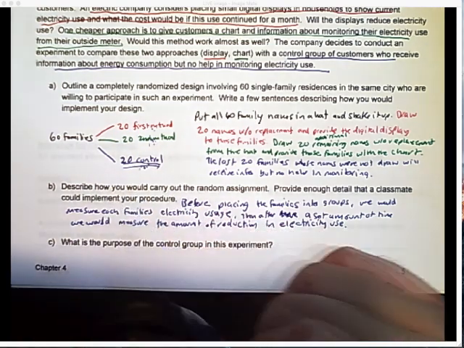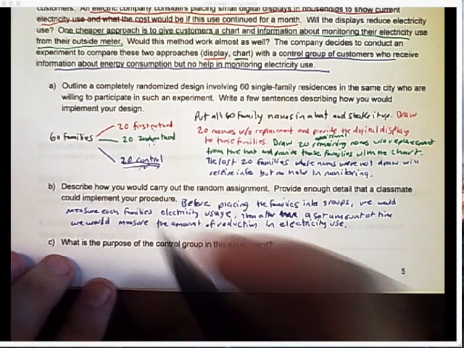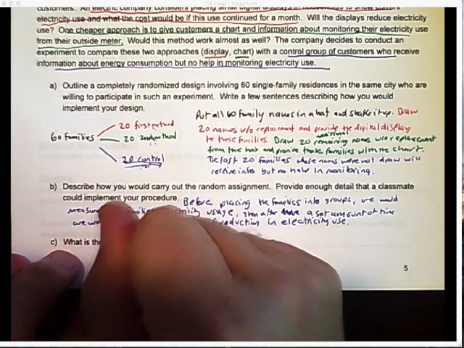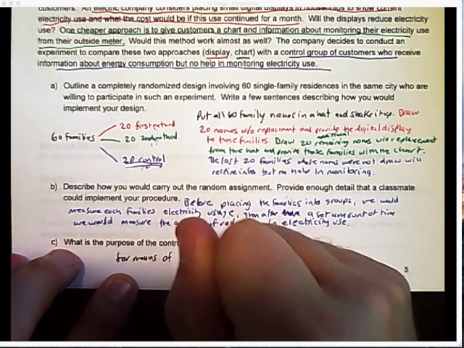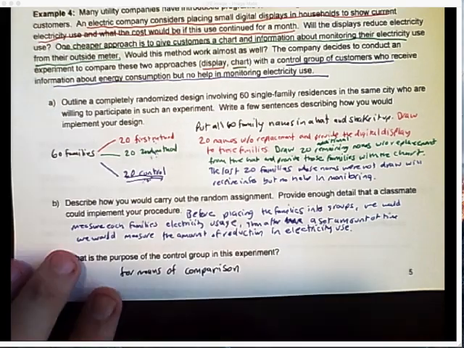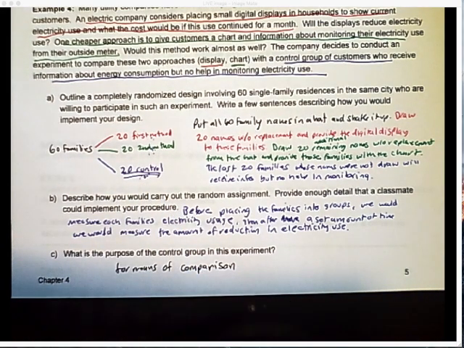Okay, so the purpose of the control group is for means of comparison. Okay, so if this was a medical study, we would give the control group a placebo. We'd give them a sugar pill. Because some people who think they're getting medication, even if it's just a sugar pill but they don't know it, will improve just because their outlook has changed.